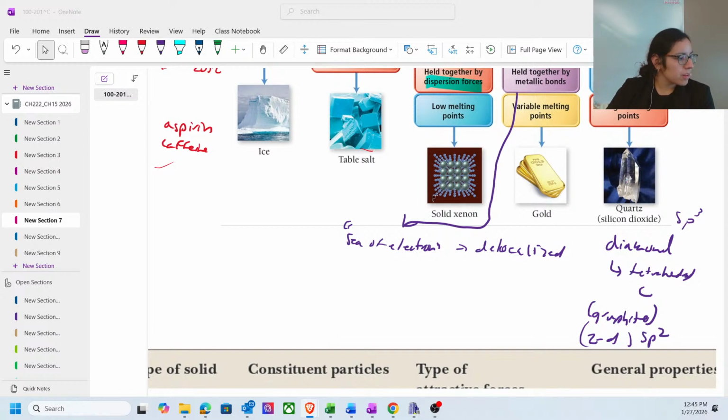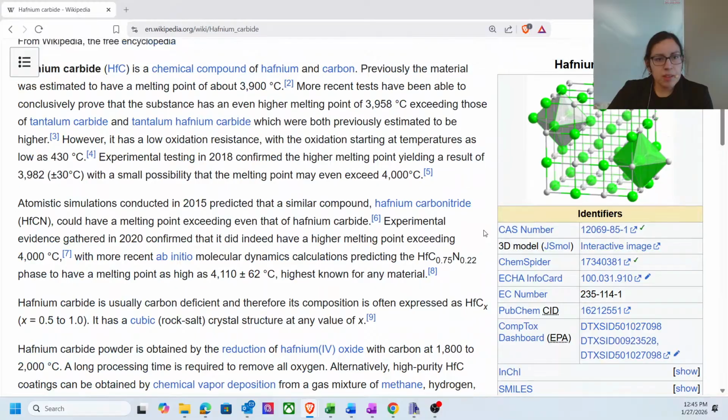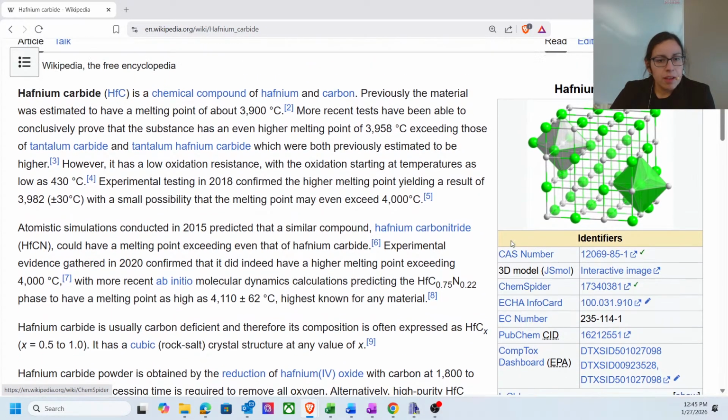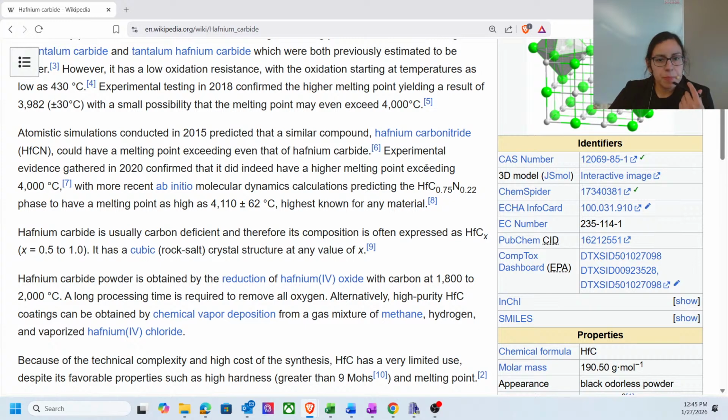That's pretty interesting. And then chat put a substance, hafnium carbide, which I'm not familiar with. So I'd have to double check that this is considered a network covalent compound. But it does sound like it, with pretty high boiling and melting points.